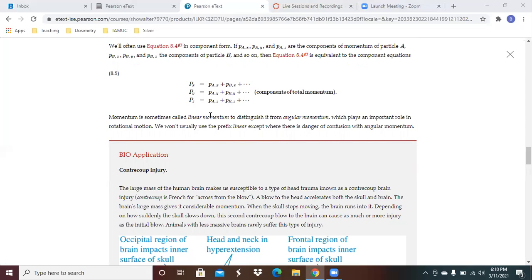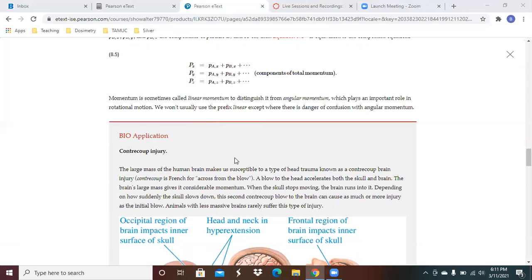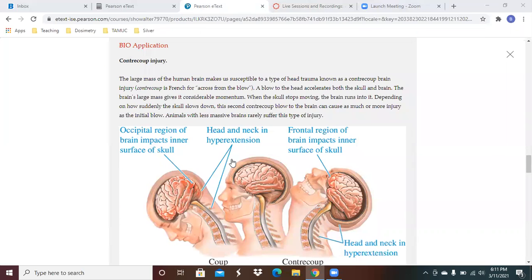The concept's going to be pretty close to the same thing with a few changes, but once you get the linear momentum, you'll have a little easier time.